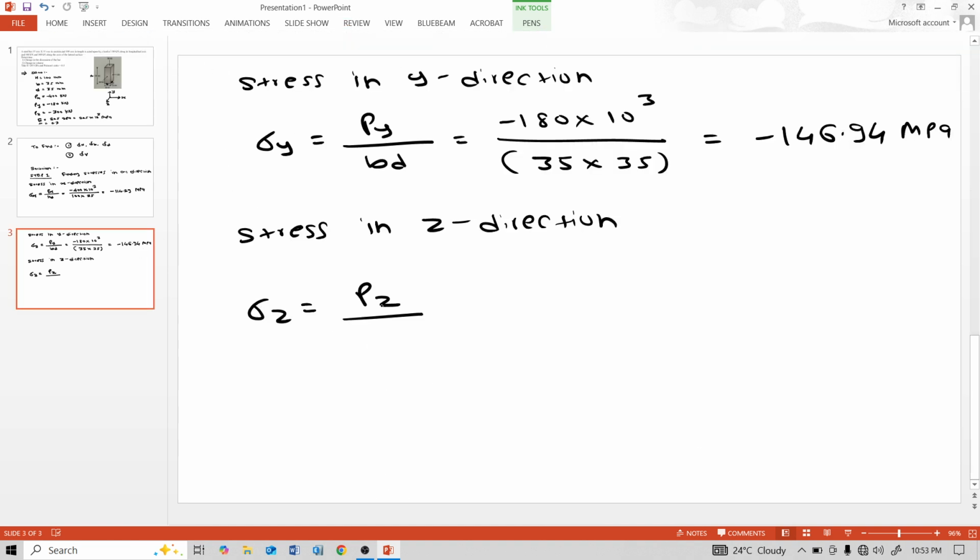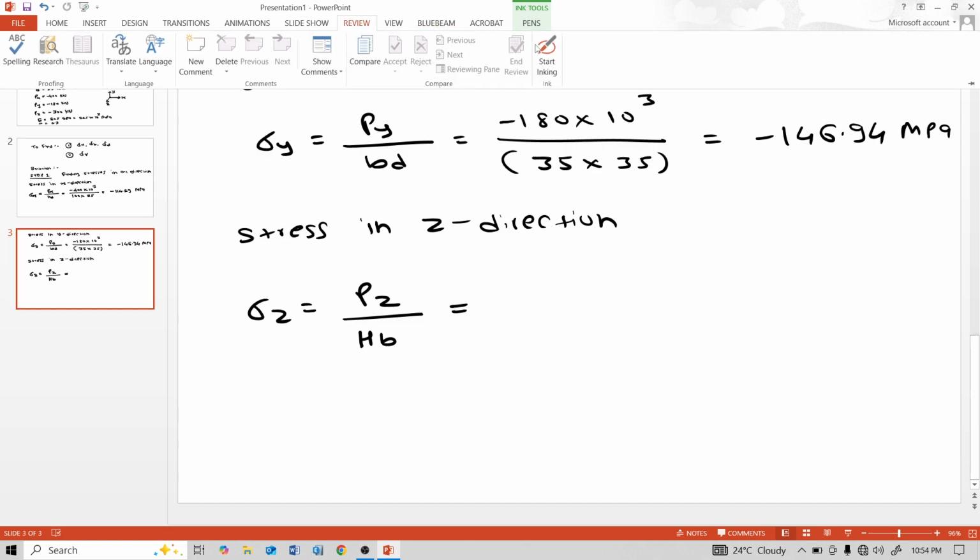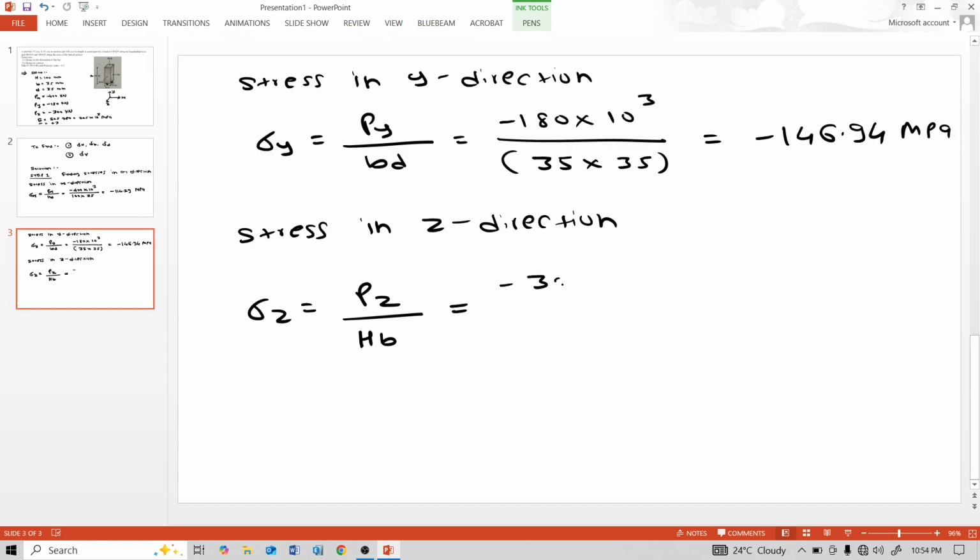That means this PZ load acting on this capital H into small b cross-sectional area, and PZ is minus 300 kilonewton, minus 300 into 10 raised to 3 Newton, and H is 100 multiplied by 35.